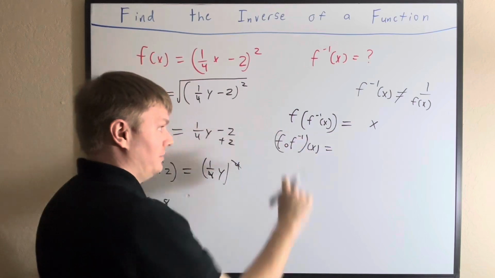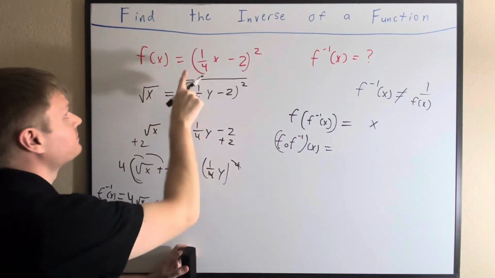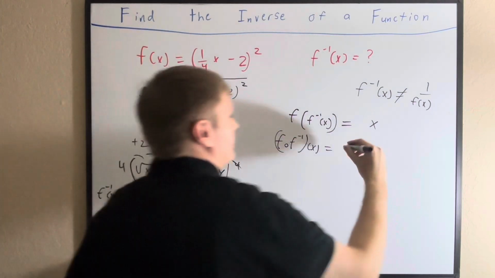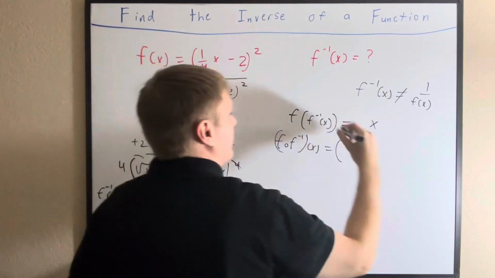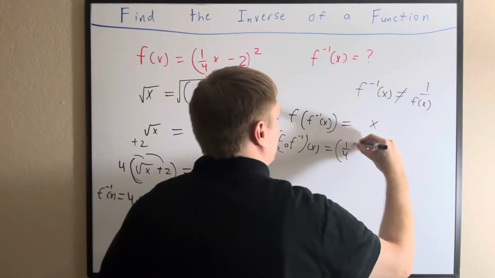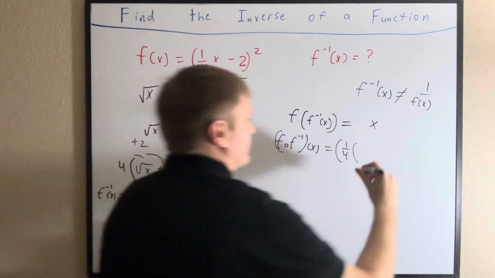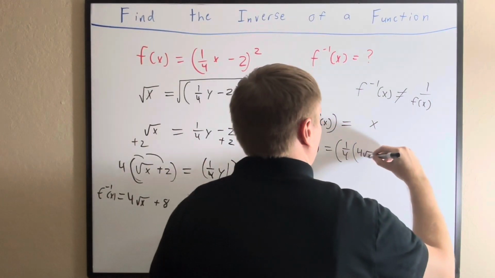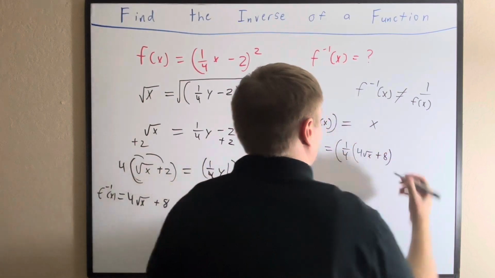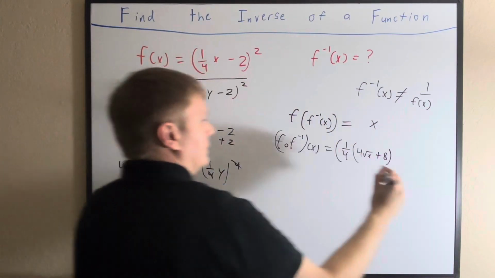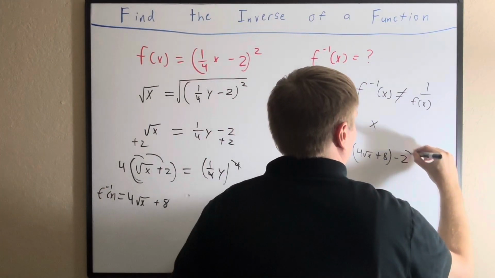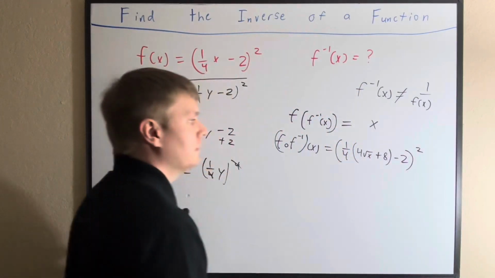Or we'd be really confused looking at this. So what do we start with? Parentheses, right? 1/4. And instead of x, we're going to put this whole thing, 4 square root of x plus 8. And then continue. Minus 2. And the whole thing squared.